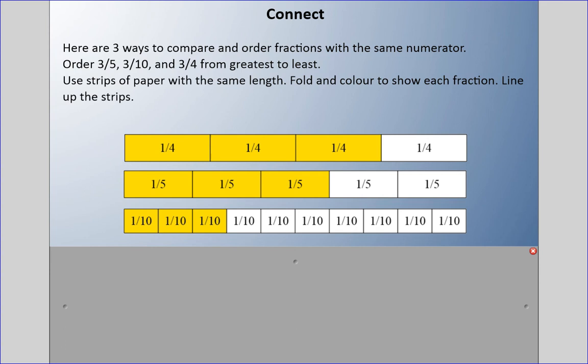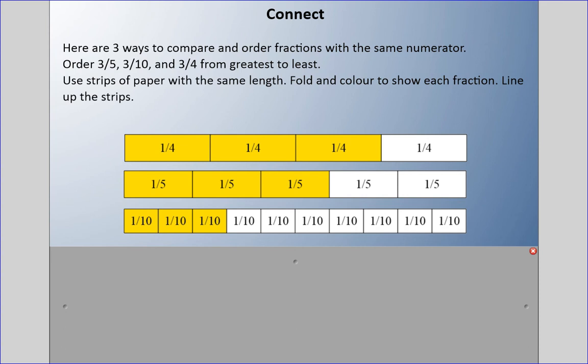It doesn't make sense. So whatever the object is that you've divided up, when we're comparing the different objects, the piece sizes may be different, but the objects have to be the same size. And so again, in this example, I have 3 bars, and they're all the same length. The difference is I've divided them up differently. So there's 3/5, 3/10, and 3/4.